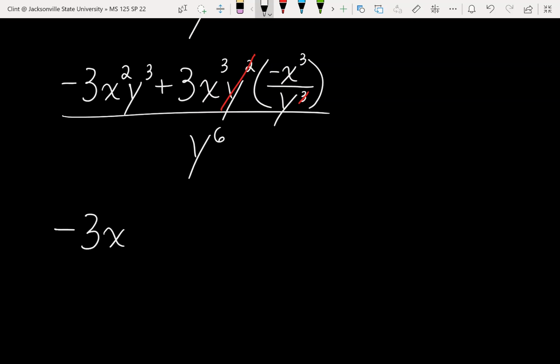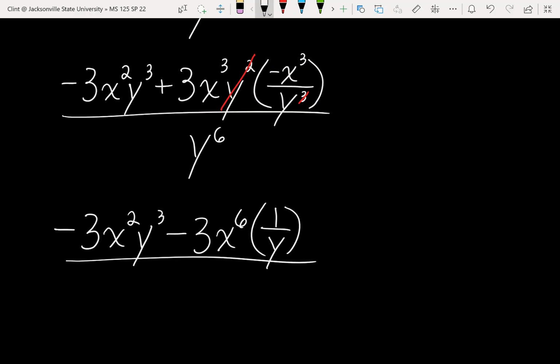So let's see where that gets us. Let's make that a minus, x to the 6th over y, and then y to the 6th.